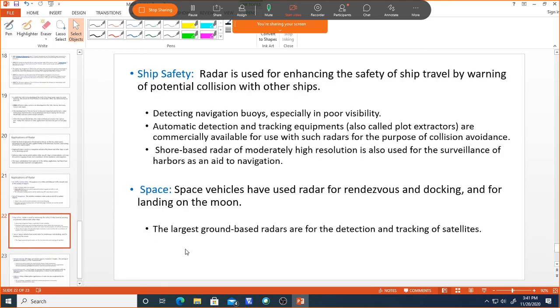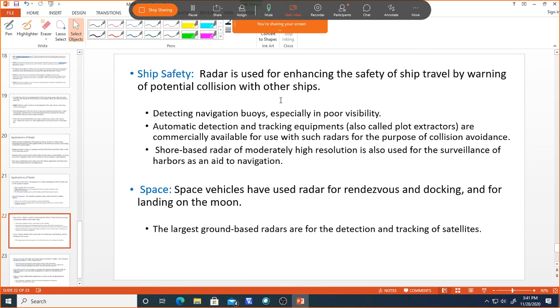Also in ship safety, radars are used to enhance the safety of the ship while it travels. Potential collisions of ships are avoided through the detection of navigation buoys and other obstacles, especially in poor visibility, as I said, in the winter season or the rainy season.